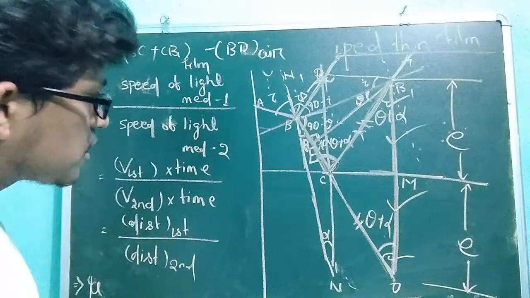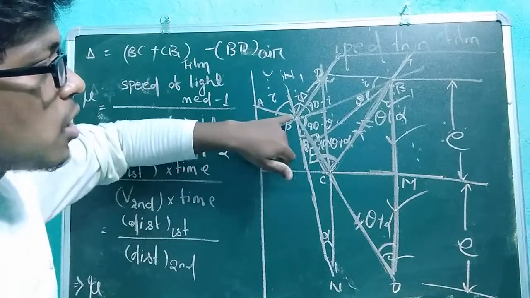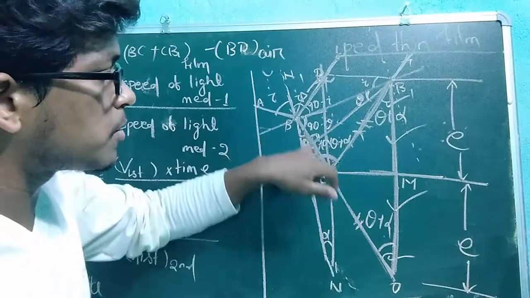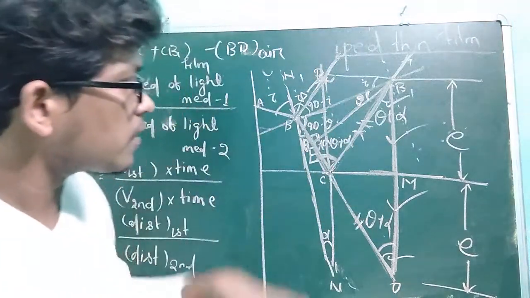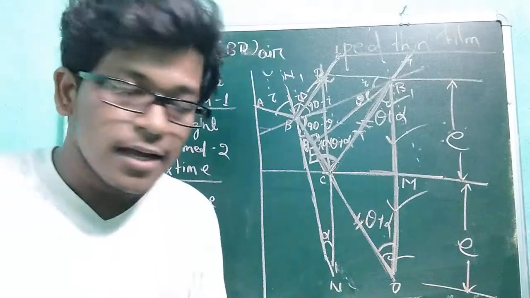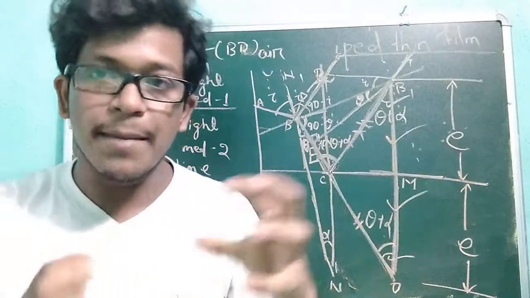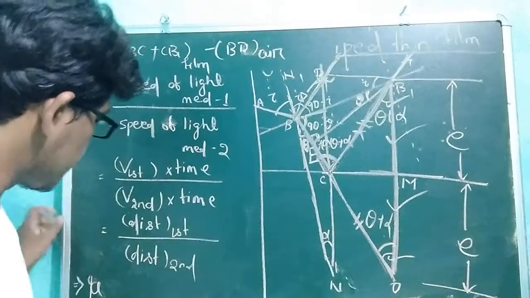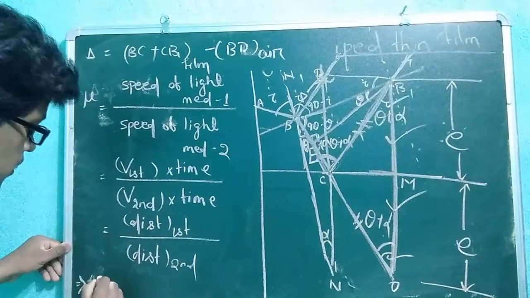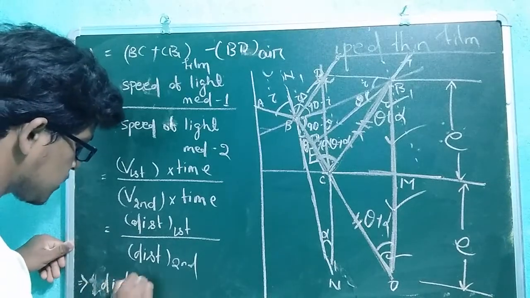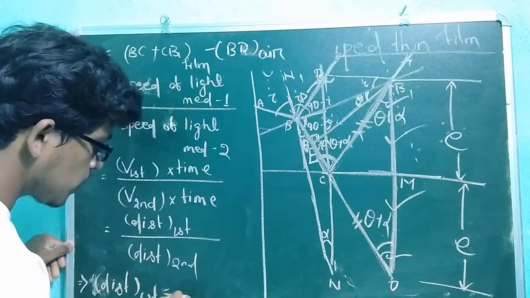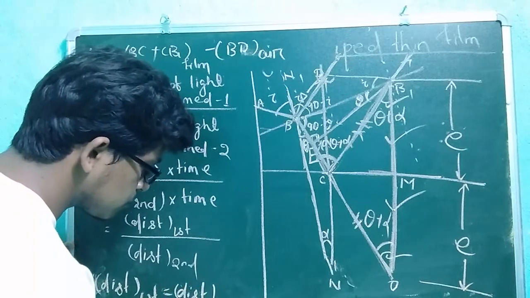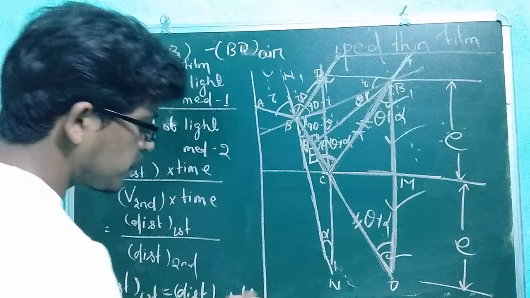Why did I calculate this? One path is occurring in one medium, the rarer medium, and the other path is covered in the denser medium. That means the medium is different. So we should have a relation between the two types of medium by introducing the refractive index. That's why I calculated this. And calculating this, I got the distance covered in the first medium equal to the distance covered in the second medium into the refractive index.